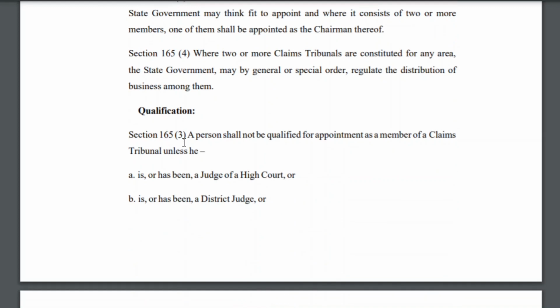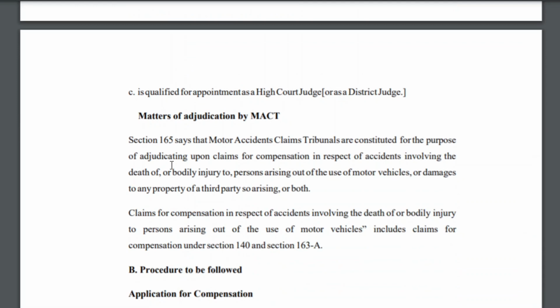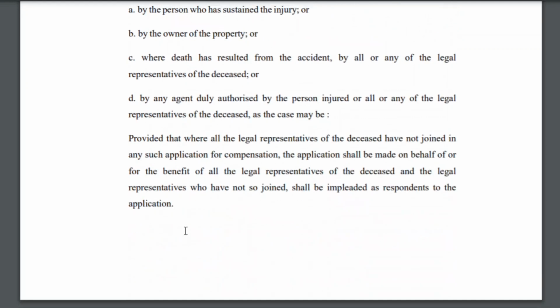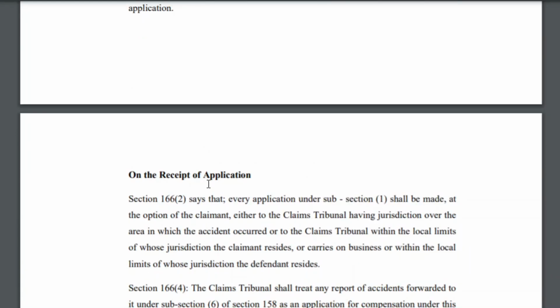Under 165(3), the qualification of members has been given, and the matter of adjudication of the MACT is discussed under 165, and the procedure to be followed under 166. That is what sort of procedure has to be followed. The procedure has been further given under 166(2).